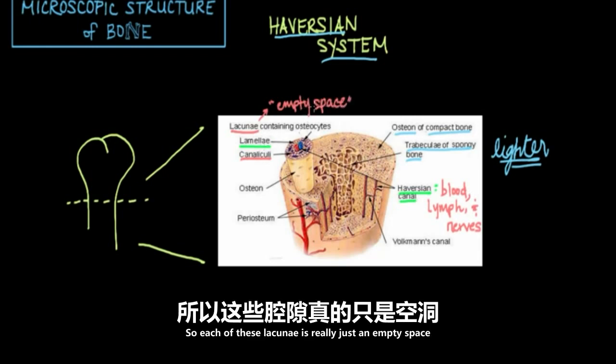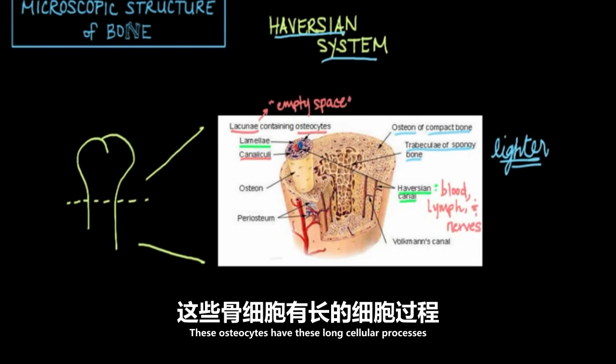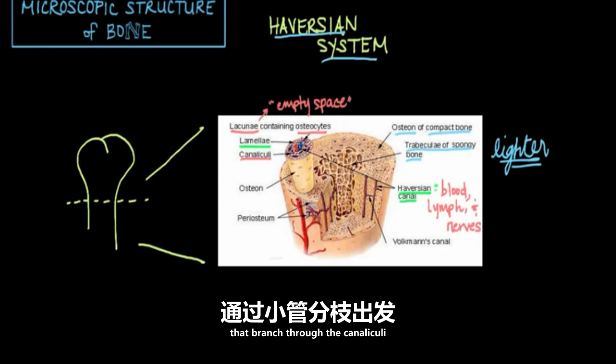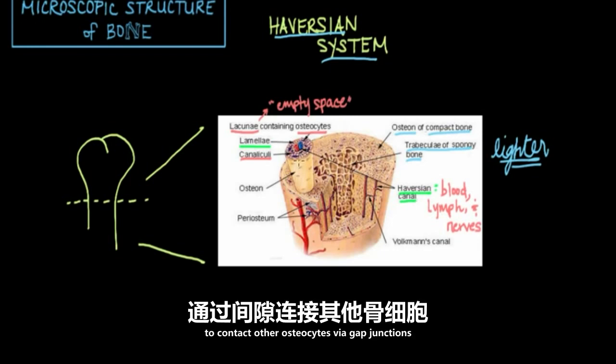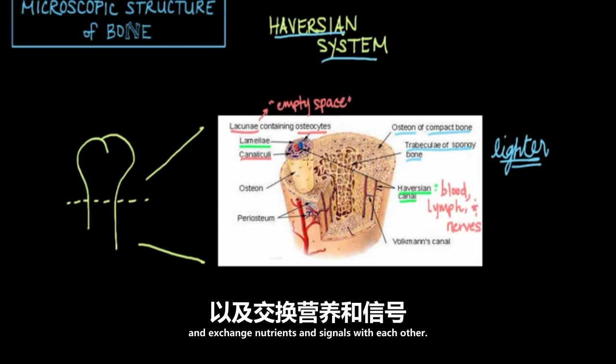And so each of these lacunae is really just an empty space for osteocytes or bone cells. And these osteocytes have these long cellular processes that branch through the canaliculi to contact other osteocytes via gap junctions, which allow these cells to communicate with each other and exchange nutrients and signals with each other.